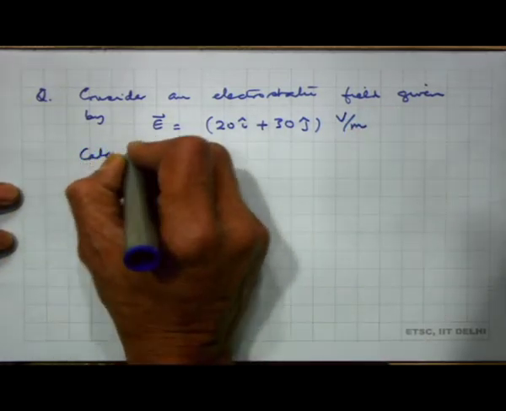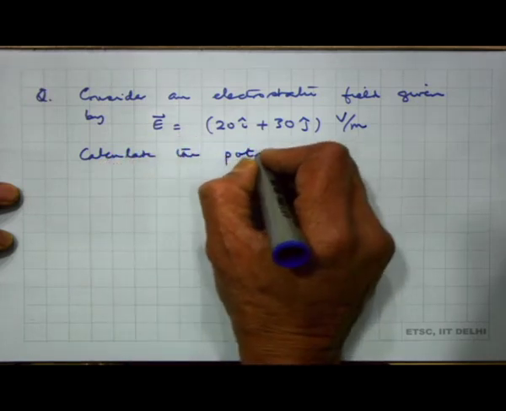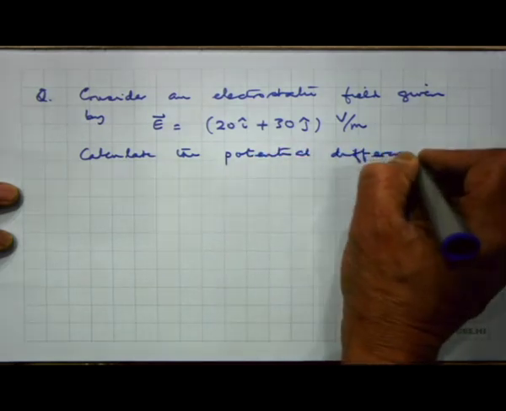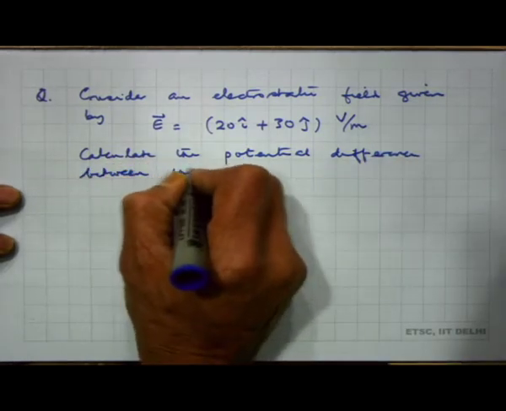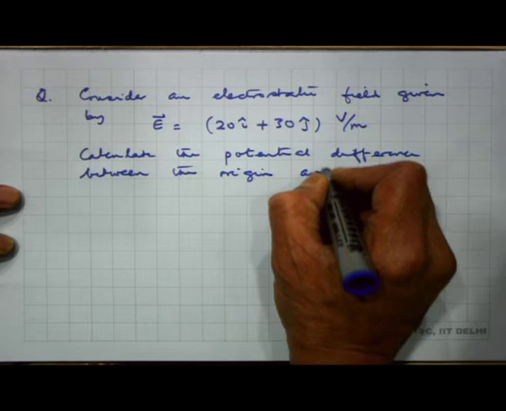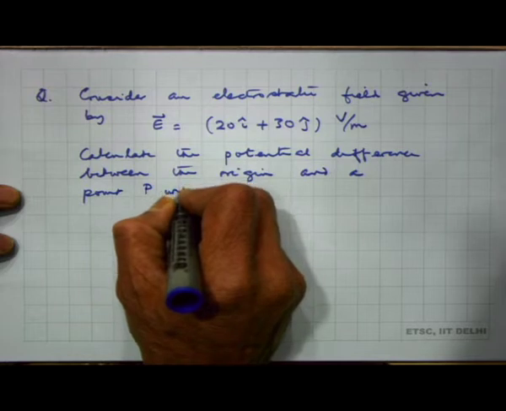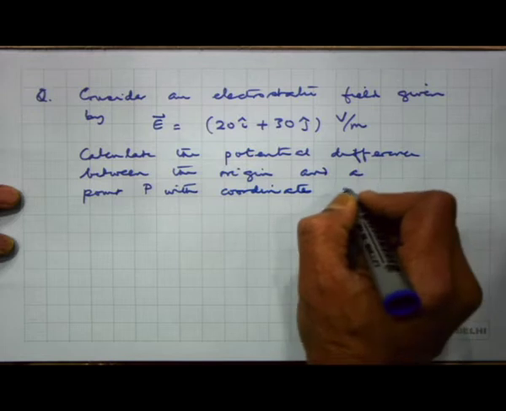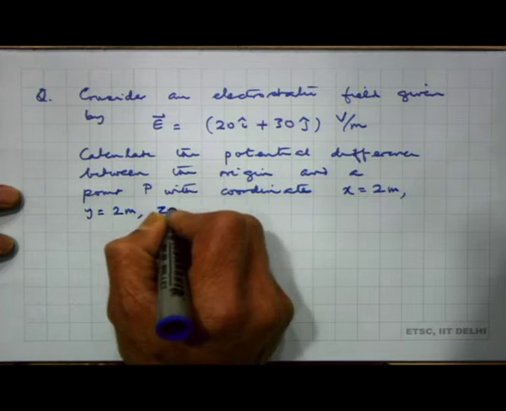Calculate the potential difference between the origin and a point P with coordinates x is equal to 2 meters, y is equal to 2 meters, z is equal to 2 meters.